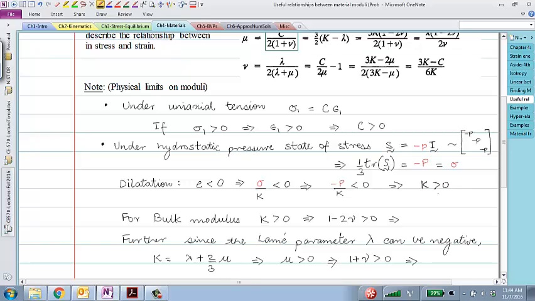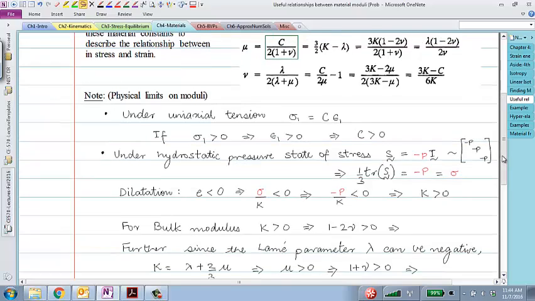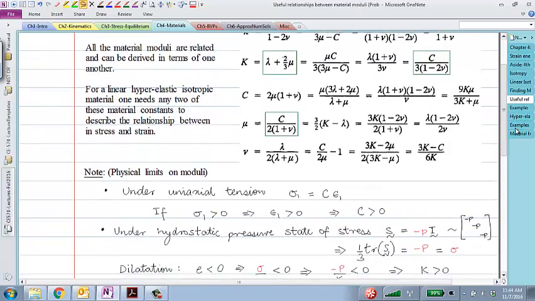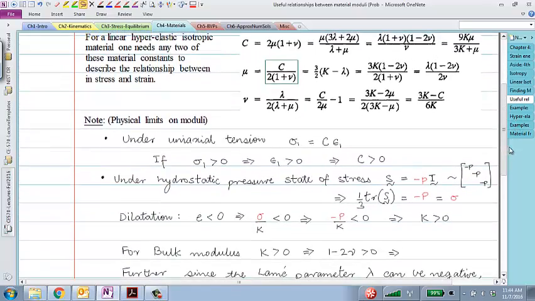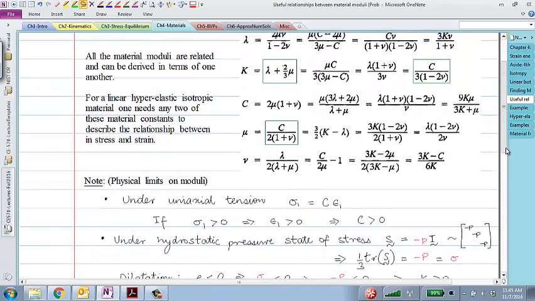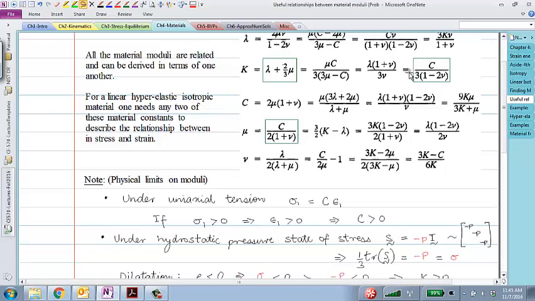But that does bring us to some limits on the Poisson's ratio. So if we look at this relationship, k is greater than 0. k is equal to c over 3 times 1 minus 2 nu. Now, k is greater than 0, c is greater than 0, the denominator better be greater than 0, right?